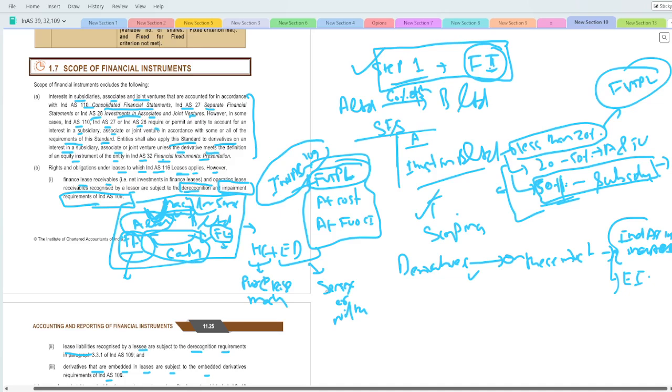So this is your embedded derivative. Now whether it is to be split from the host contract or not is taken care of by that particular chapter. So this is what it is talking about: the derivatives embedded in the lease are subject to the embedded derivatives requirement of Ind AS 109. Whether it is to be separated or not is governed by the Ind AS 109 rule. Correct.